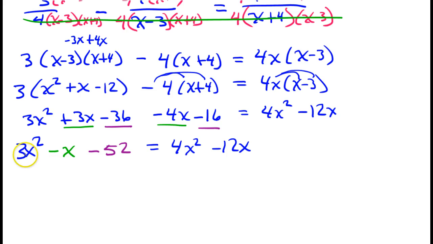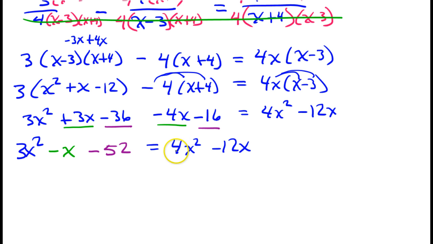Now I see I have x squared and x in the same problem. So I'm going to get 0 on one side whenever that happens. So I can either subtract these two and move them over here, or I can subtract all this and move it over there. I'm actually going to subtract this and move it over here. I know that might seem funny, but the reason is I like my x squared term to stay positive.